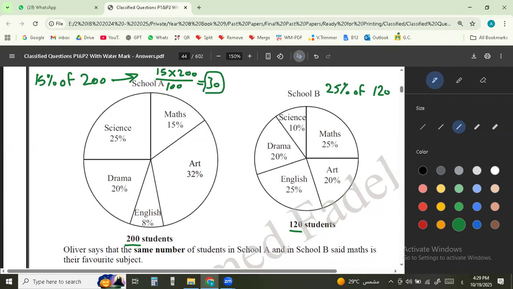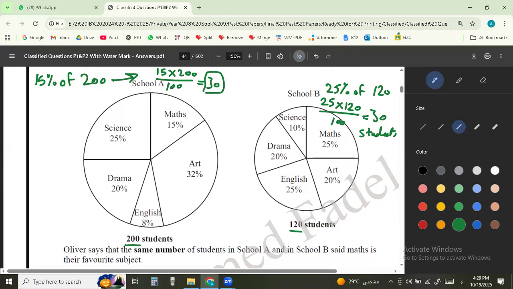In question B, it says school B, 25. I need to multiply by 120, and the answer divided by 100 is going to give me exactly 30 students. So 25% of 120 is 30 students.